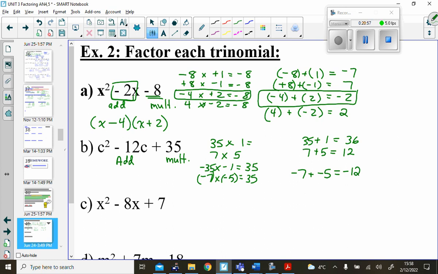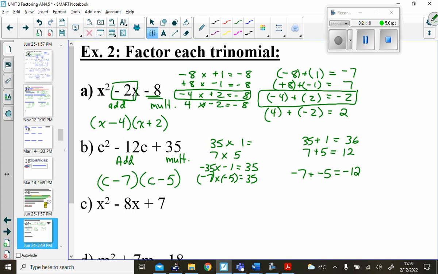So the two numbers you're looking for would be C minus 7 and C minus 5. Those would FOIL out and give C squared minus 12C plus 35.